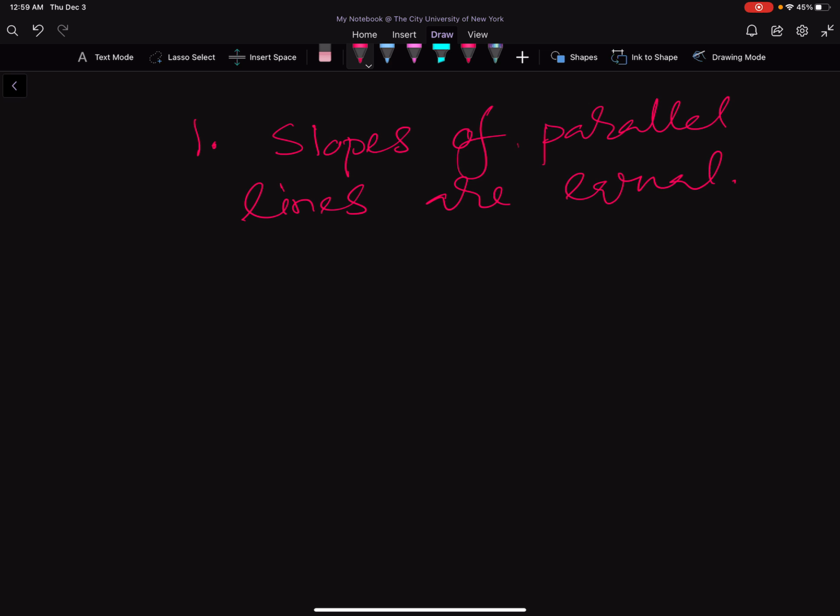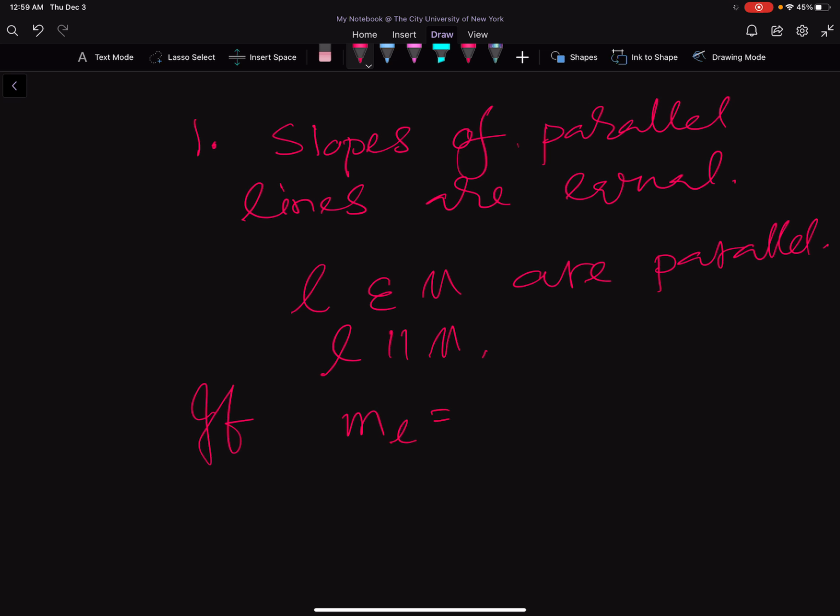So if we say that lines L and M are parallel, which can be denoted like this, and the slope of L is, let's say, 3/4, then since they're equal, the slope of line M is also 3/4.